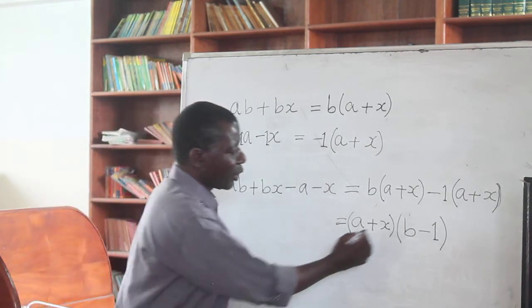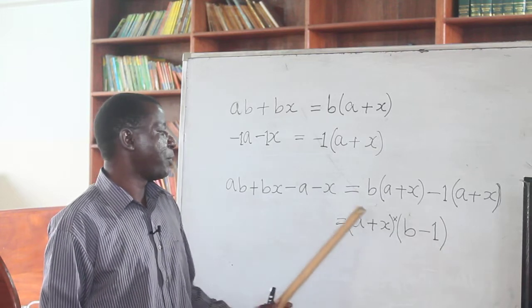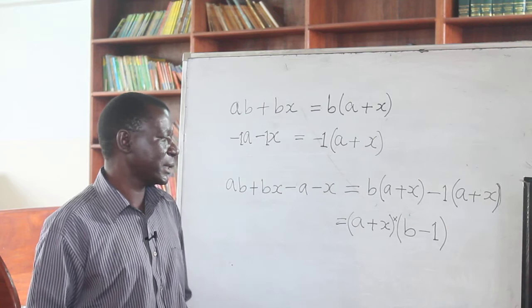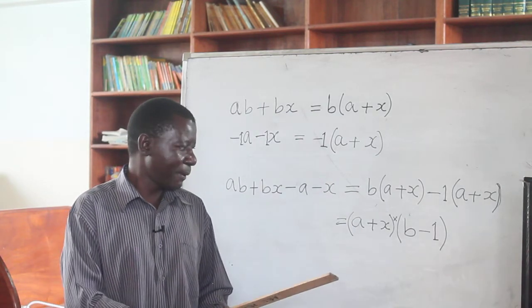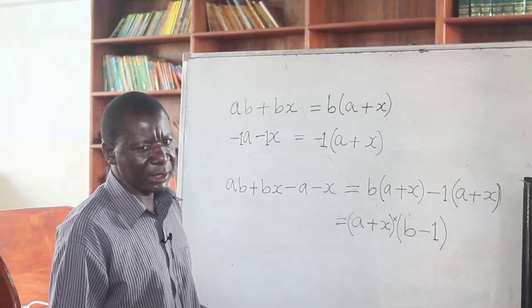Instead, between them is simply a multiplication. And that is why we put the first bracket adjacent to the second bracket, meaning that between the two brackets there is a multiplication.